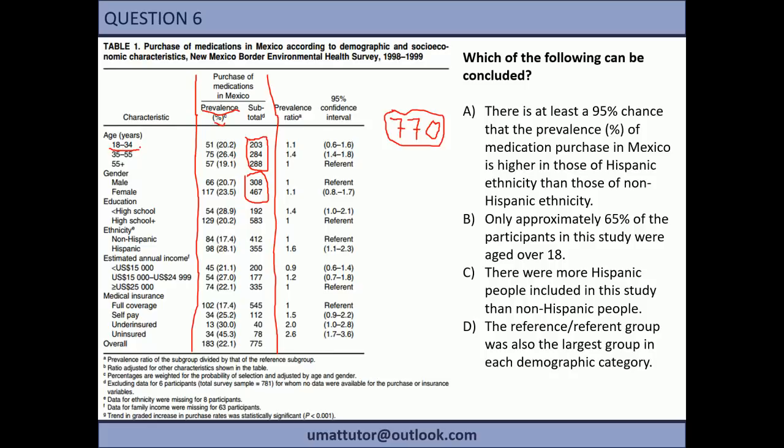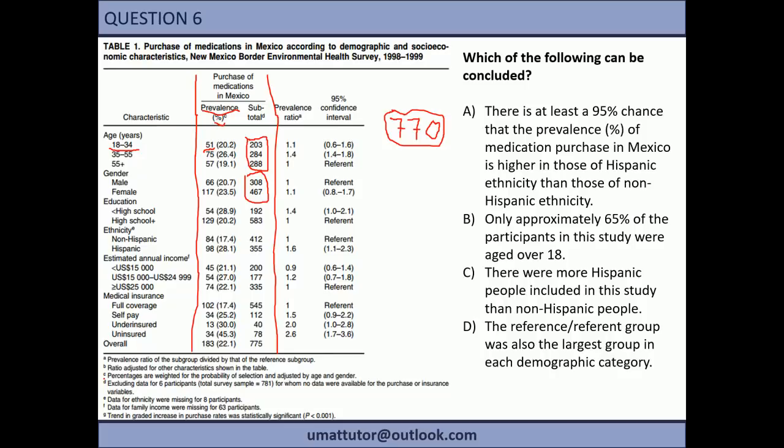And of those 203 people, 51 of them have purchased medications, and that equates to 20.2% of that total subgroup of 203 people. Now, you might pick up on the fact that that's not quite right, that 51 out of 203 isn't quite 20%, it's a bit more, but it just comes back to a technicality we've got down here. If you see the subnote C, percentages are weighted for the probability of selection and so on.